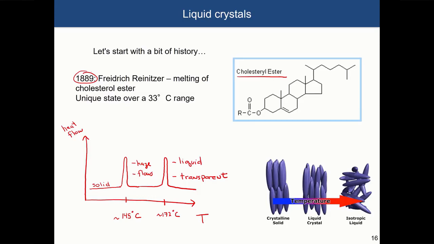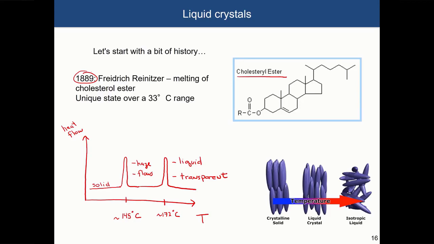ranges. Okay, so what is really happening is that in the solid phase, these molecules will have the same orientation, and they will be precisely positioned in space. So this would be the crystalline form. When you increase the temperature, this positional order would be destroyed, but the molecules, because they're highly anisotropic, will still have this orientational order.